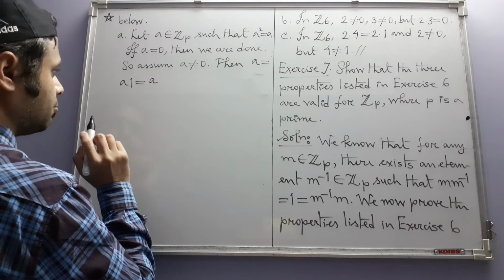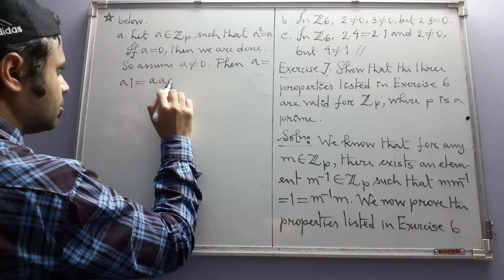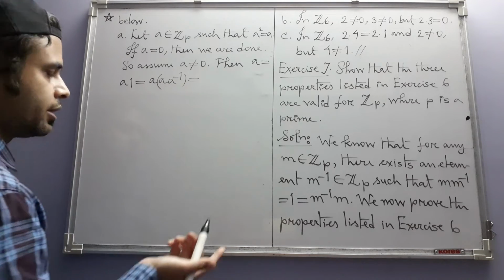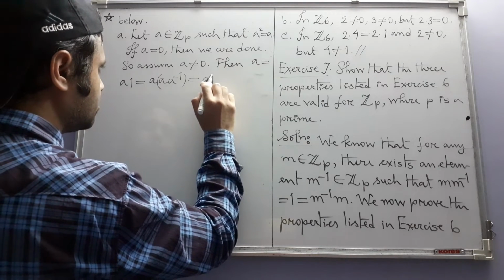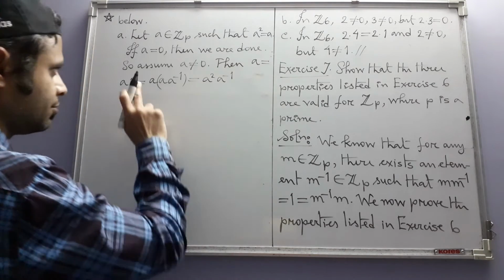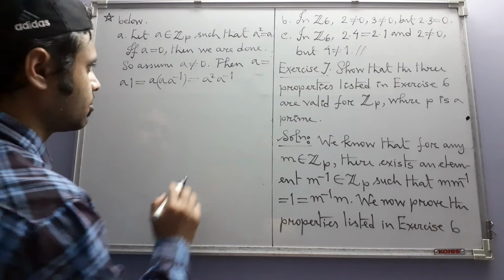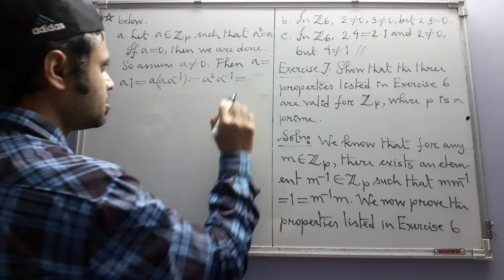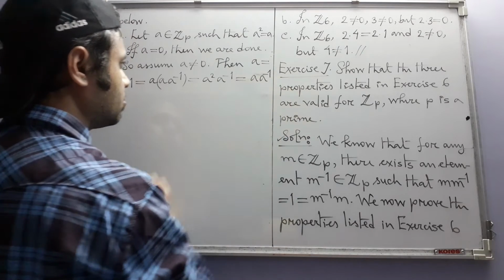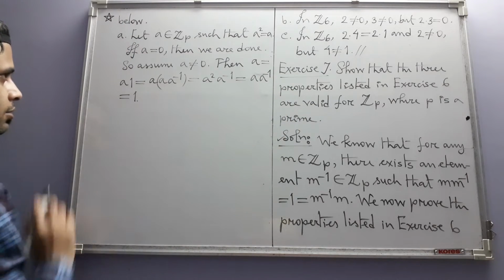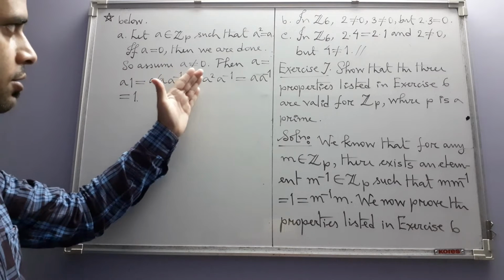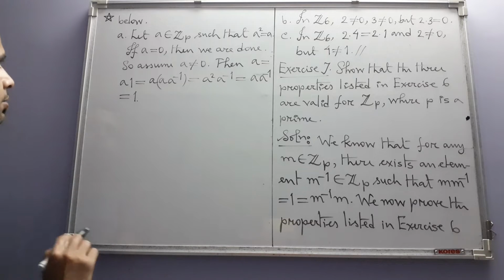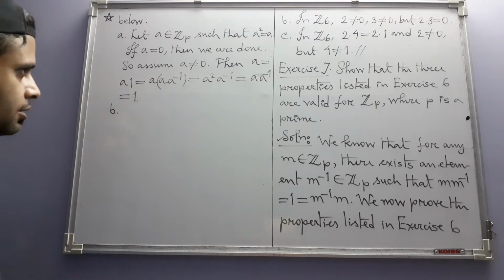And now in place of 1 we can write A inverse A. Use the associative law for multiplication. You have A inverse, A is A square. Now use this relation, A square is A. So this is equal to 1. So that's how you prove that when A is non-zero, it has to be equal to 1. So either A can be 0 or 1. So this proves property A.